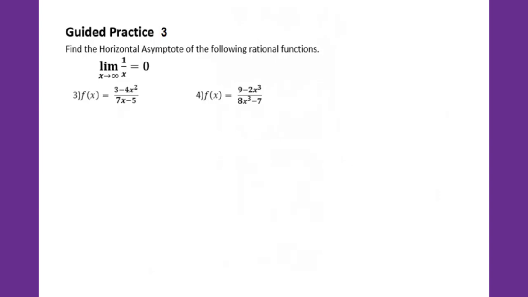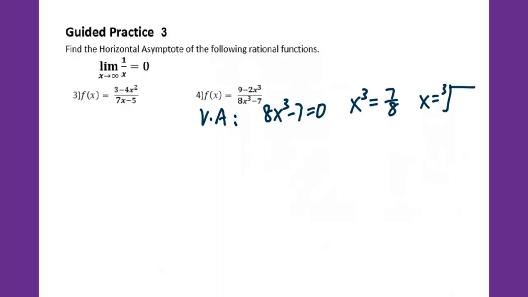Let's go to number 4. We will figure out the vertical asymptote line. Make the denominator equal to 0. So you will get x to the third power equals 7 over 8. X equals the cubic root of 7 over 8, which is the cubic root of 7 over 2. That's the vertical asymptote line.